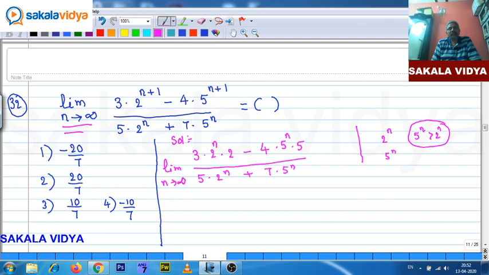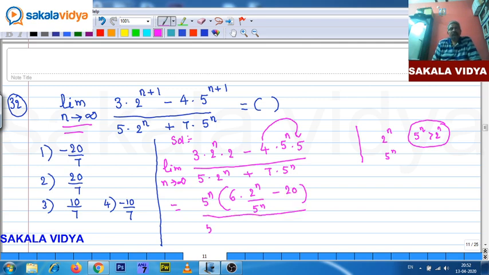As n tends to infinity, if you take 5 power n common, we have 3 into 2 is 6 multiplied by 2 power n by 5 power n, minus 4 into 5 is 20. The 5 power n has been taken common out.